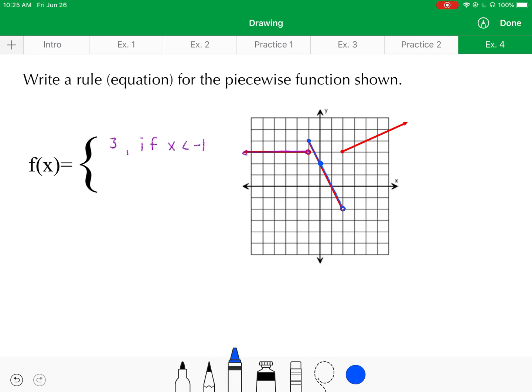You're going up 2 and you're going left 1, so that's a slope of -2. So this piece is coming from the line y = -2x + 2. Okay. And then the restriction for that would be if x is between -1, including -1, and +2, but not including +2.